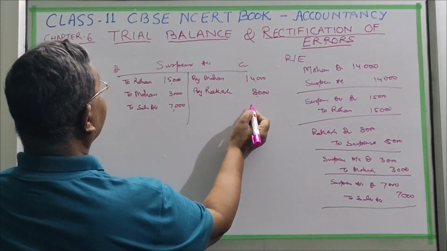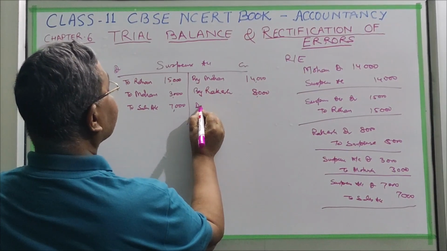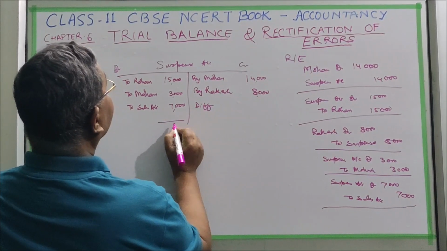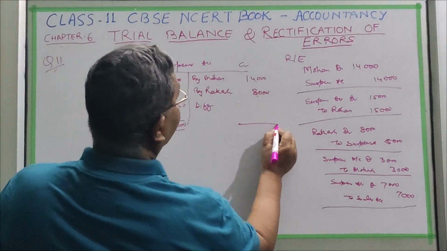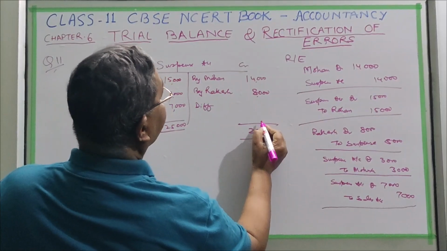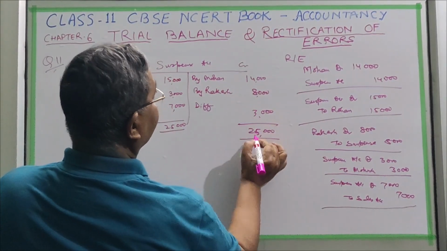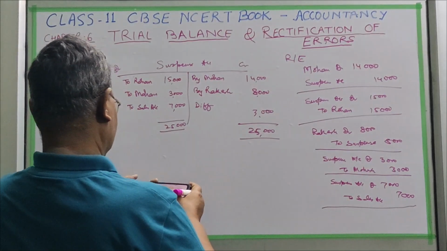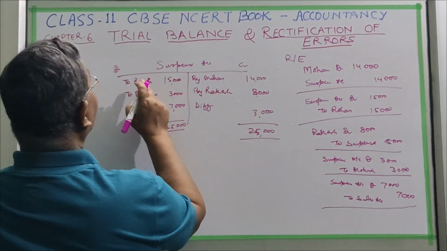So the difference, this side difference is coming. Eight, four, 12 and 3, 9, 15, the difference is 3,000. So it means debit is excess.